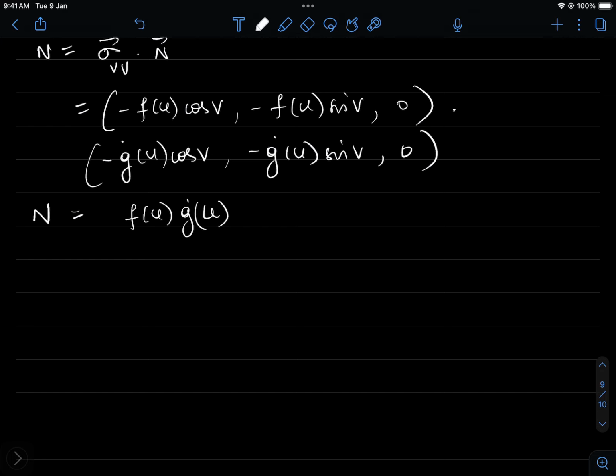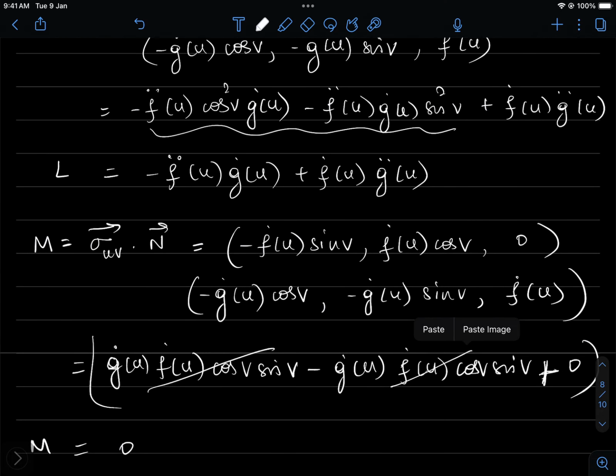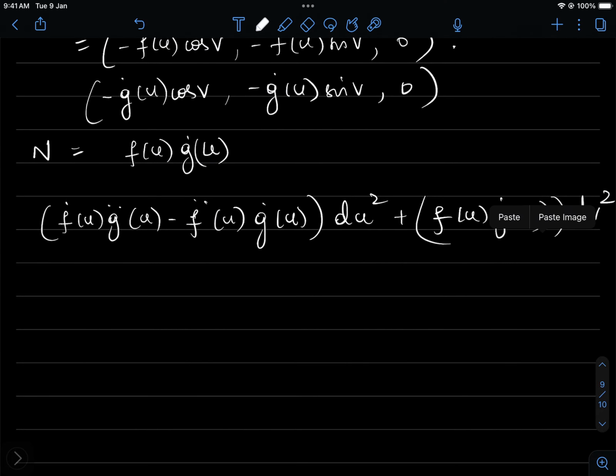This is N. So at the end we can write the second fundamental form: f dot u g double dot u minus f double dot u g dot u, du square, plus M, which is 0, plus f of u g dot u, dv square. This is L, this is N.